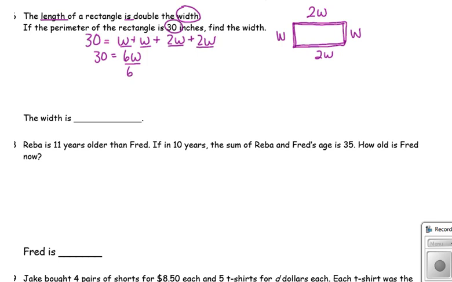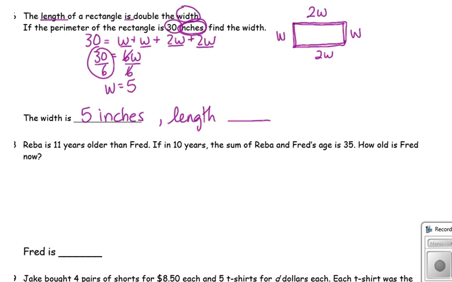Divide both sides by the coefficient, and the value of W is equal to 5. So the width is 5, and the unit of measure is inches. If the question was asking about the length as well, remember that the length is twice the width, so that would be 2 times 5 inches, and the length would be 10 inches.